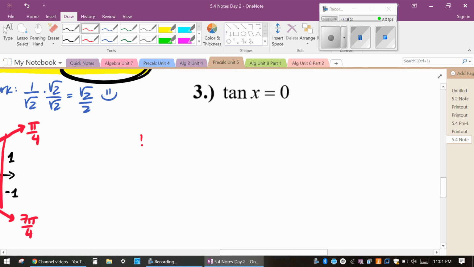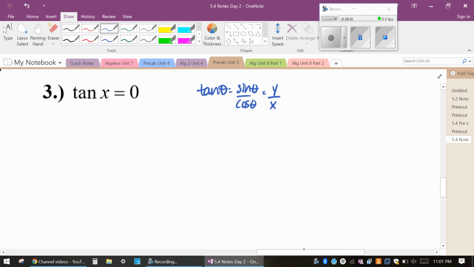Okay. Tangent of x equals 0. In what quadrant is tangent positive? Well, remember tangent is sine over cosine, aka y over x. So think of your ordered pairs.